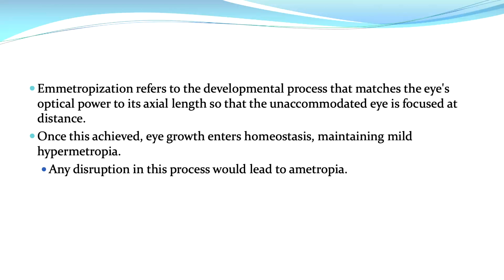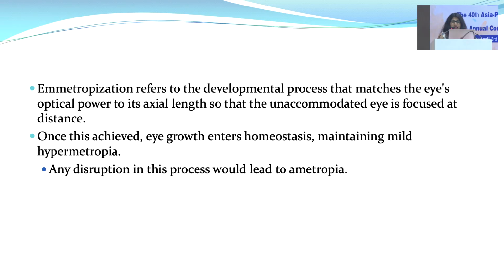So, I would be basically talking about a very important topic, probably that shaped our understanding about the pathophysiology of myopia and emmetropization. As we all know, it refers to a developmental process that matches the eye's optical power to its axial length, so that the unaccommodated eye, the idea here is to remember that it's an unaccommodated eye, is focused at distance and is emmetropic.